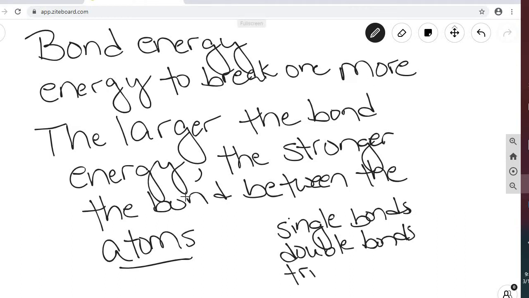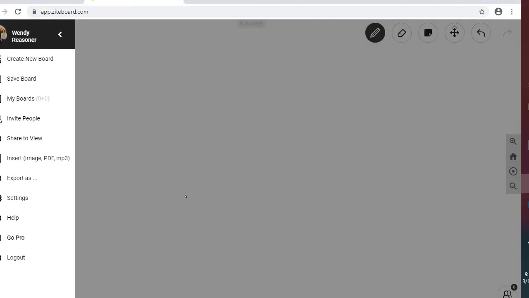And we've said this when we learned about single, double, and triple bonds, but when we look at the bond energy, you'll notice that it takes more energy to break apart a triple bond than it does a double bond, and it takes more to break a double bond than it does a single bond. I'm going to put a chart up here to show you that. So the larger the bond energy, the stronger the bond is between those atoms, and therefore it's going to take more energy to break those bonds. Okay, so let's look at a table.